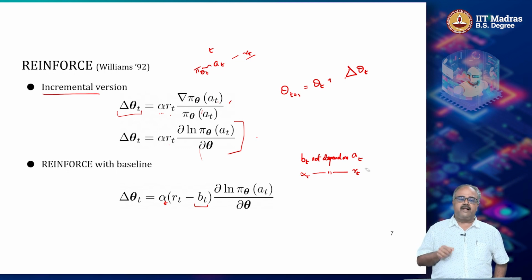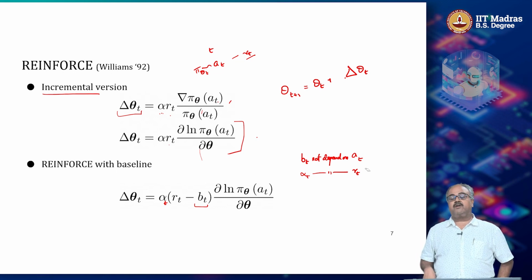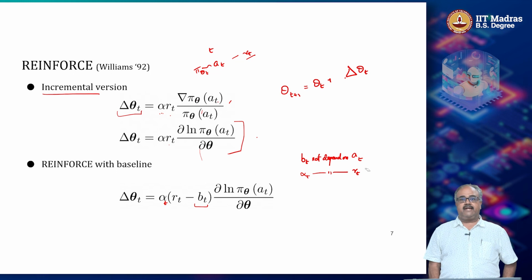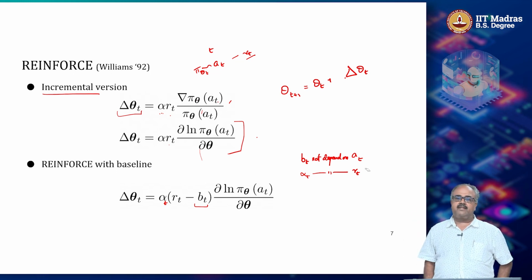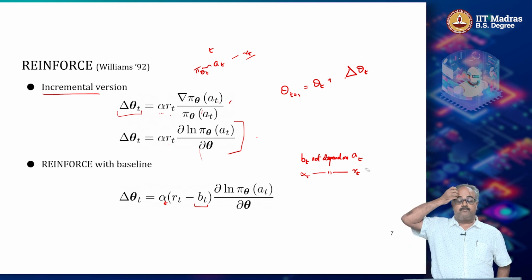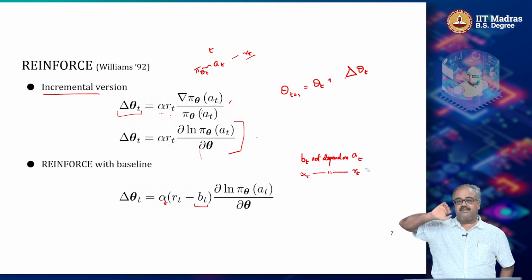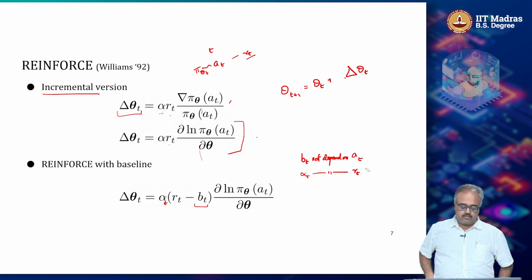Suppose I have a learning rate of 0.2 when the reward is positive and 0.1 when the reward is negative. That is like saying that I'm sampling the positive reward twice as often as the negative reward compared to the true probabilities. So that is basically messing with the sampling distribution in some sense. Therefore, I don't want to have different learning rates for different rewards.